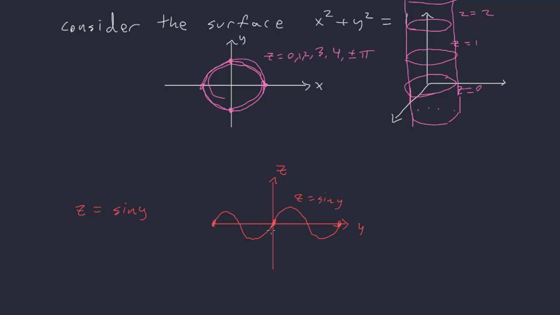So when x is 0, when x is 1, okay, when x is 2, etc., etc. So what we've created is essentially a wave. Imagine a sheet of paper that we form into a wave.